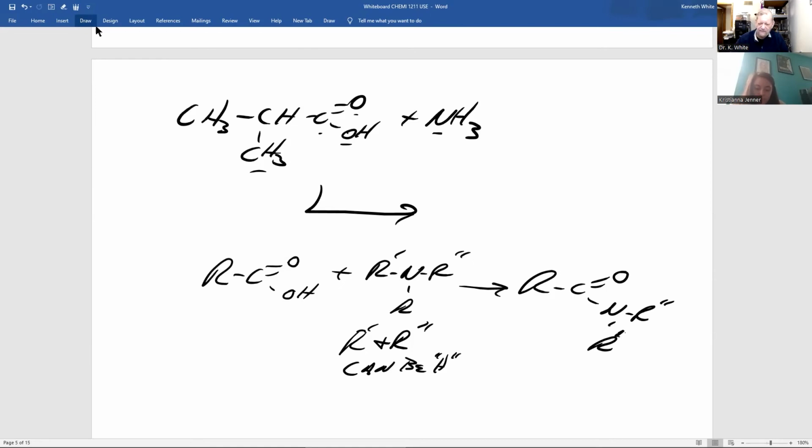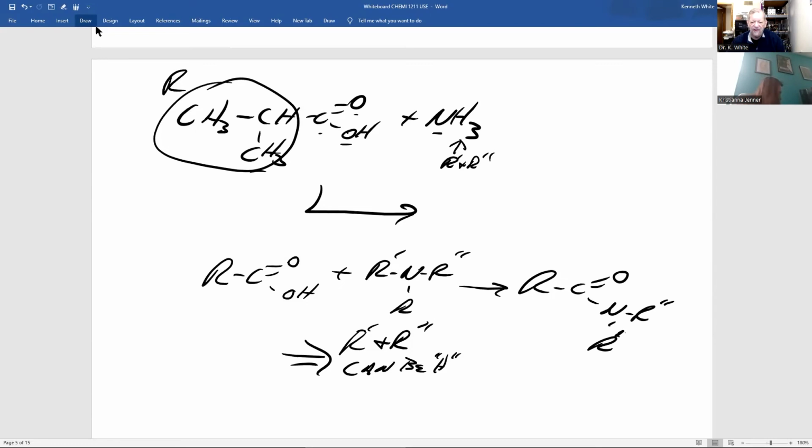And here, what's our isopropyl? What's our prime and our double prime? Hydrogens, which they can be, and in our case, they are. So I'll have my R group, my carbonyl, my nitrogen, and you can write it this way.